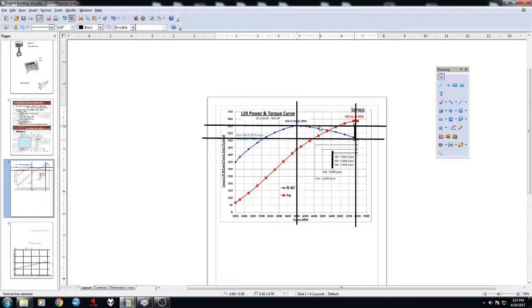If it were going straight forward, this is how much torque we would have. This triangle on the top is how much we are losing to friction, thermal efficiency, volumetric efficiency, and mechanical efficiency.